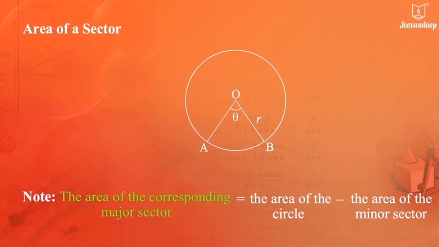Note, the area of the corresponding major sector equals the difference between the area of the circle and the area of the minor sector.